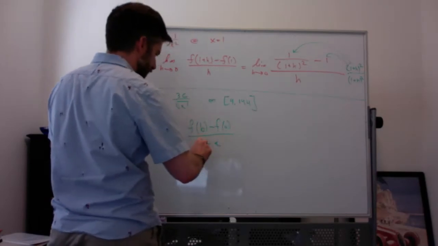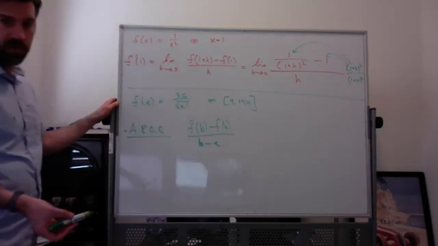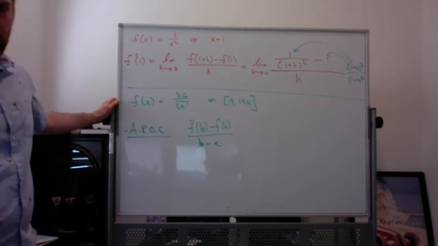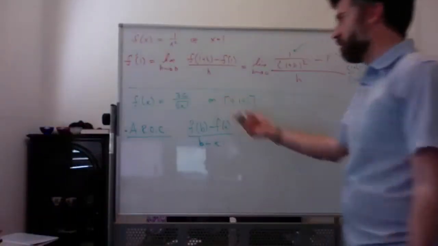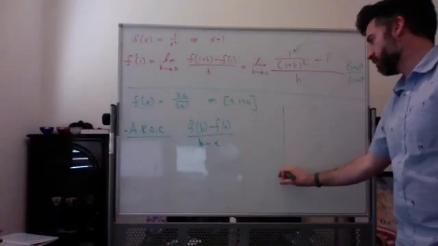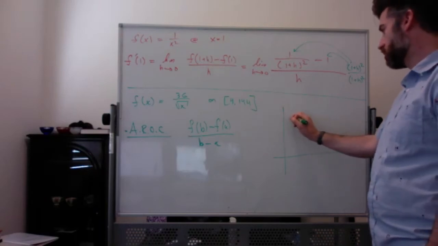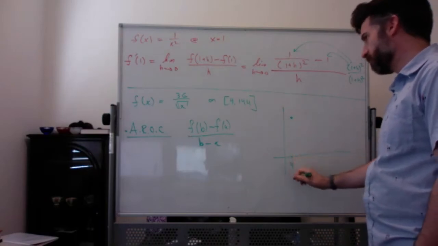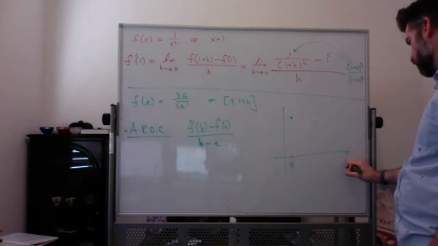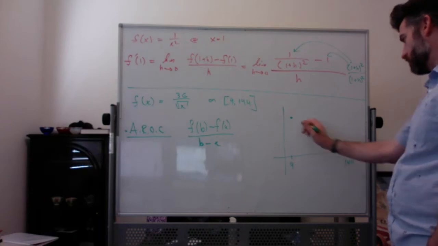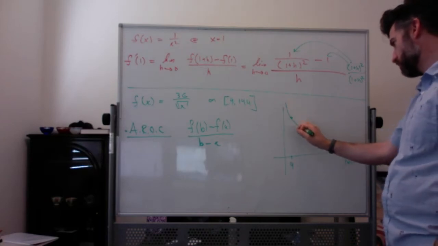That's how you find average rate of change between a and b. But that's just a way of writing the slope between 2 points. If I actually draw, and my picture is not going to be great, here's 4, and here's 144, and my function maybe does something like this.